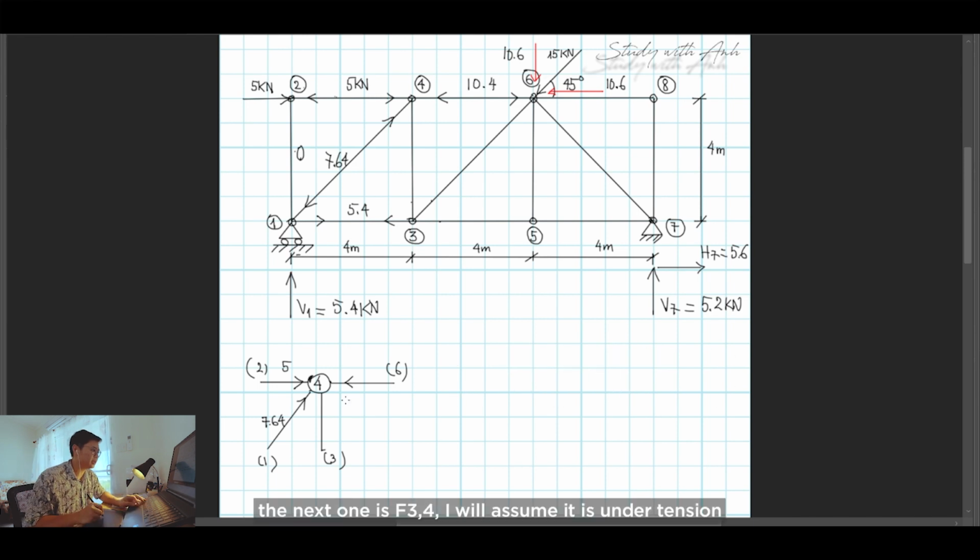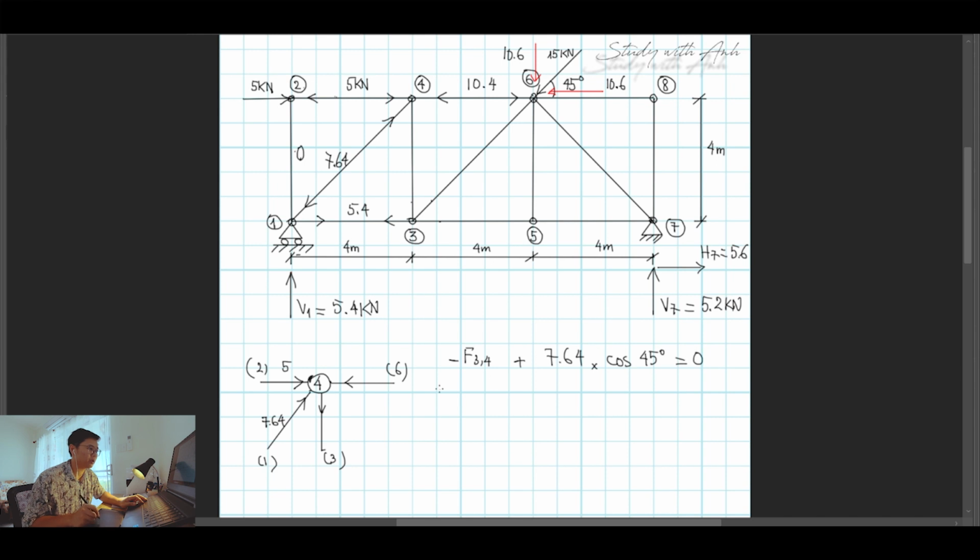The next one is F34. With F34, I will assume it is under tension. Minus F34 plus 7.64 multiplied by the cos of 45 equals 0. So we have F34 equal to 5.4 kilonewton.